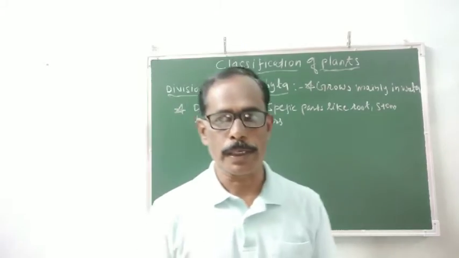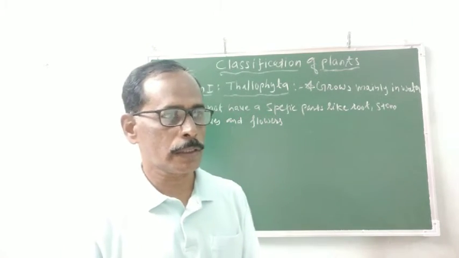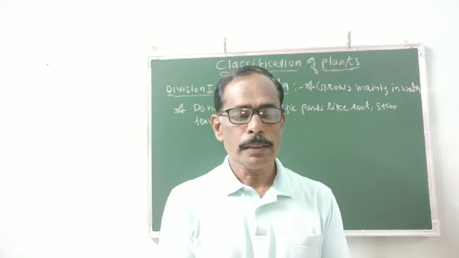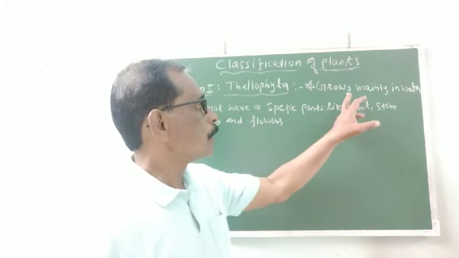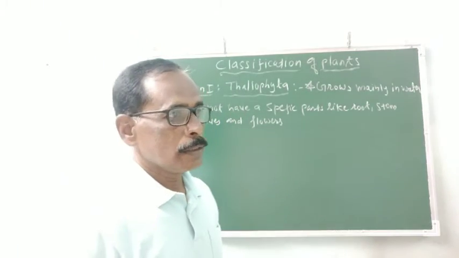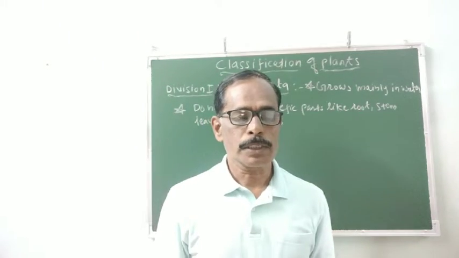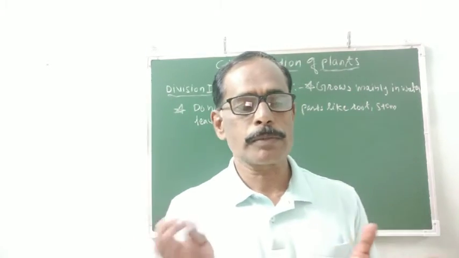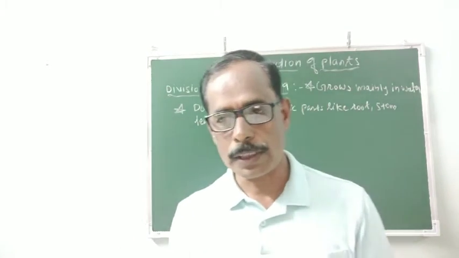Division Thallophyta is the first division of the cryptogamous plants. These plants mainly live or grow in water. They are the watery plants. Some grow in saline water, and some grow in fresh water also.